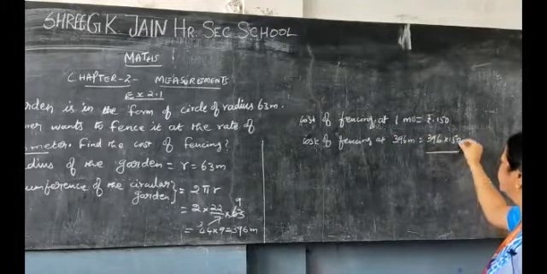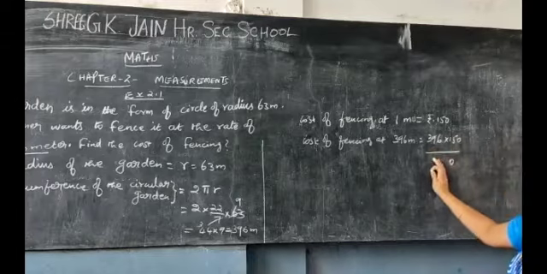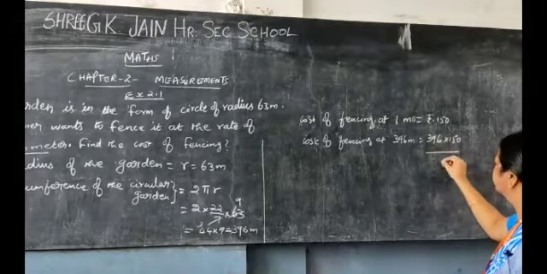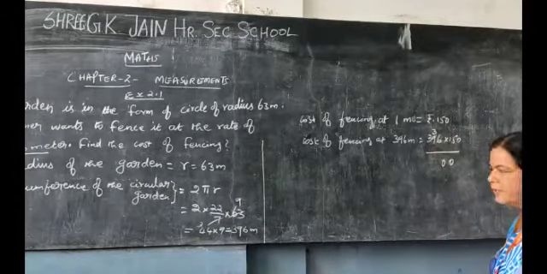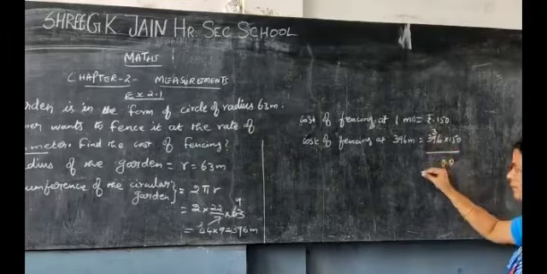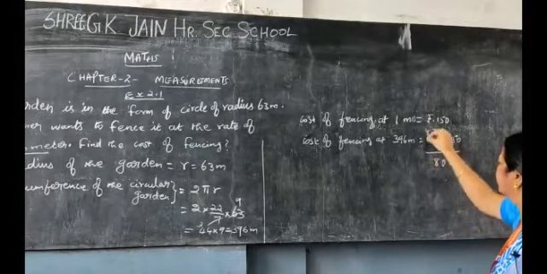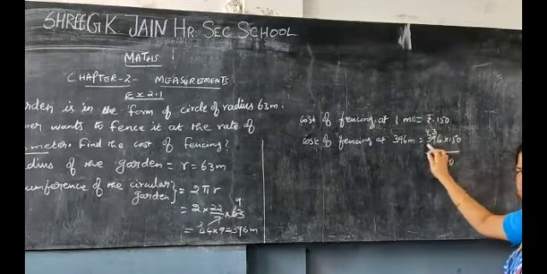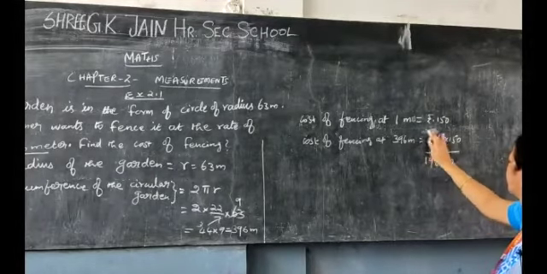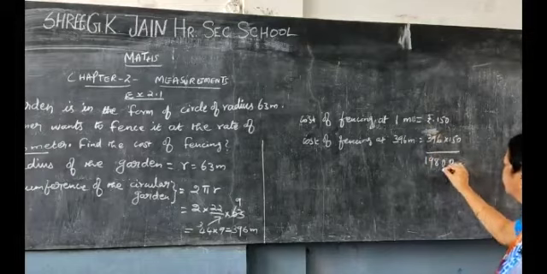Keep the 0 as it is. The last is 0, keep it as it is. Now in 5 table, 5 6s are 30, balance 3. Again in 5 table, 5 9s are 45, 45 plus 3, 48, put 8, balance 4. 5 3s are 15, 15 plus 4, how much? 19. Now this is the first place and second place.